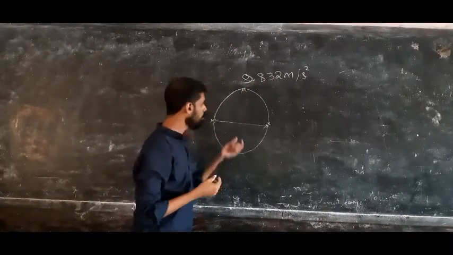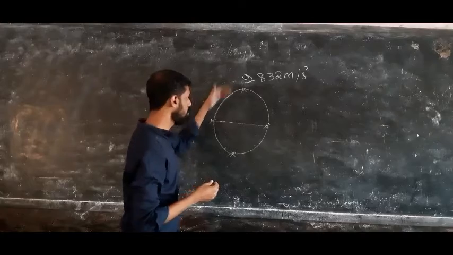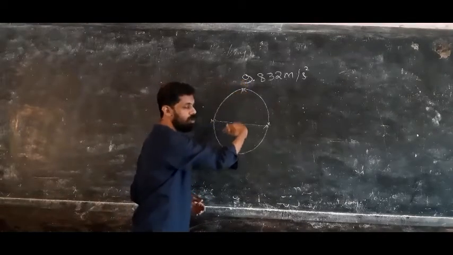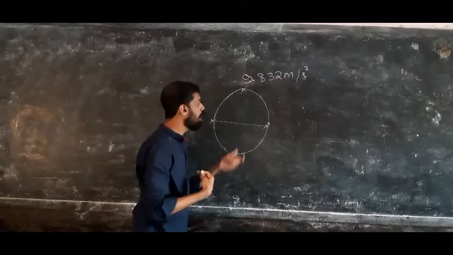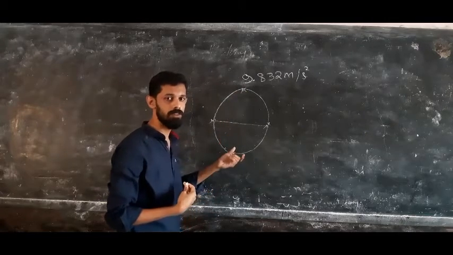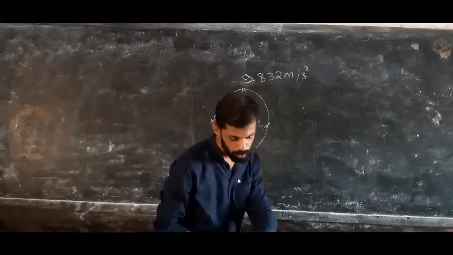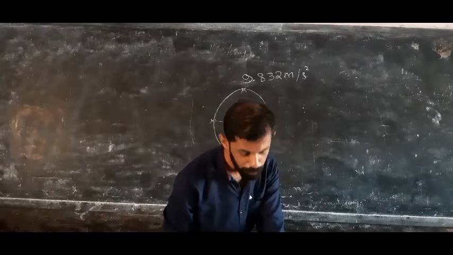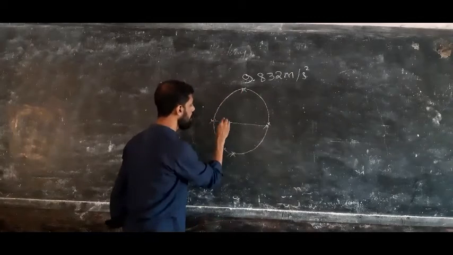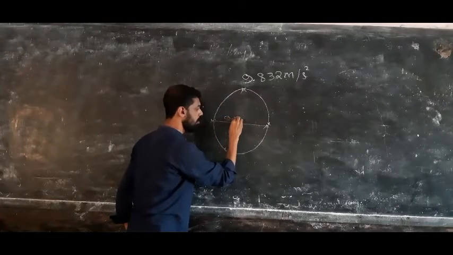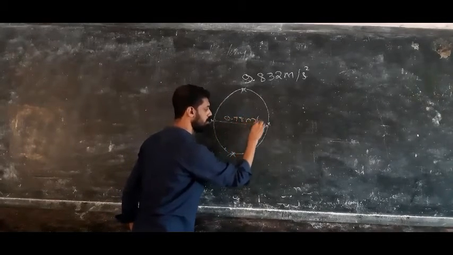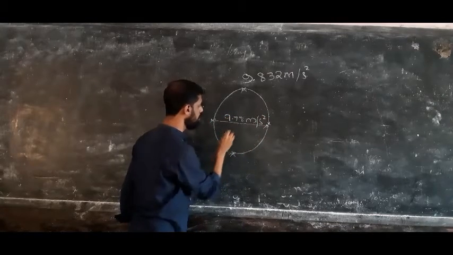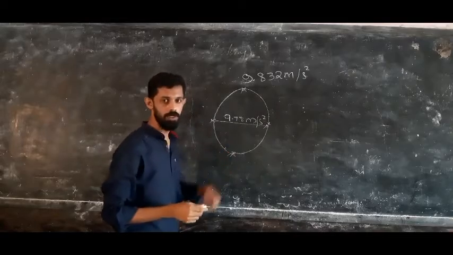Now, when we are moving downward, when we are coming latitudinal way, the value of acceleration due to gravity is decreasing. So, near the equator, it will be minimum, that is 9.78 meter per second square.